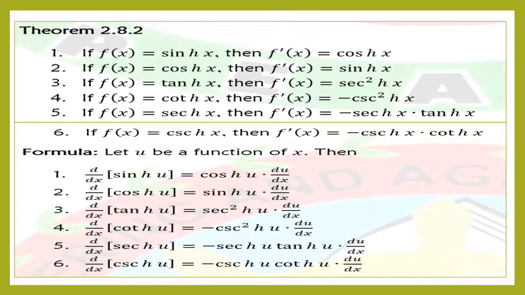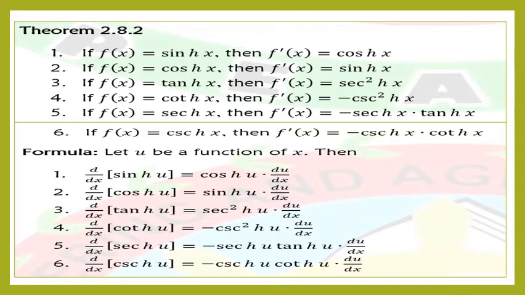So, kung mapapansin niyo class, doon sa derivatives ng trigonometric function, sine and cosine sila yung partner, si tangent and cotangent din, si secant at tangent, at si cosecant at cotangent din. Pero ang pinagkaibahan dito, ang naging derivative ni hyperbolic cosine dito is positive sign.